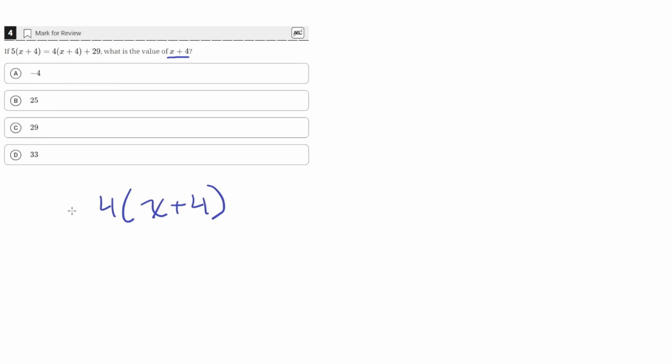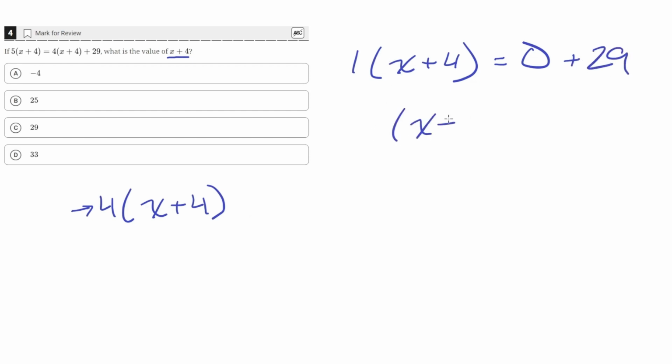If we subtract this from both sides of the equation, on the left hand side we'll be left with 1 times x plus 4, since 5 times x plus 4 minus 4 times x plus 4 is 1 times x plus 4, and on the right side we'll be left with the 29. So this tells us that x plus 4 equals 29, which is answer choice C.